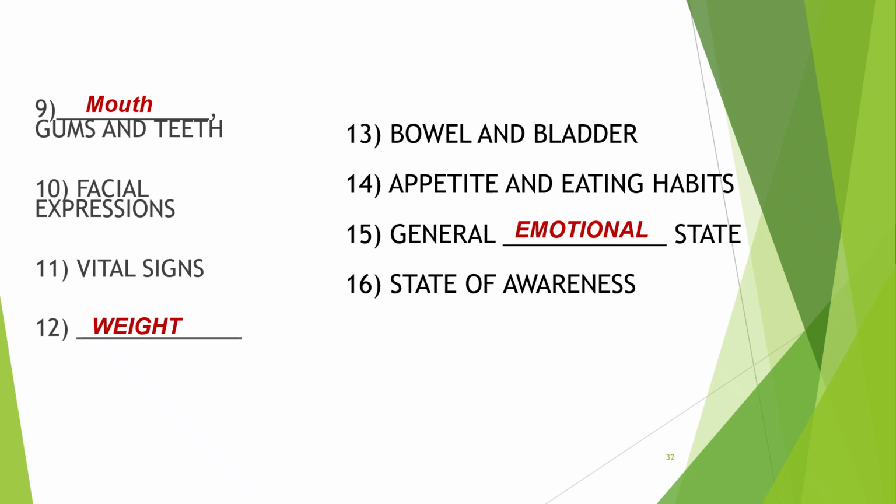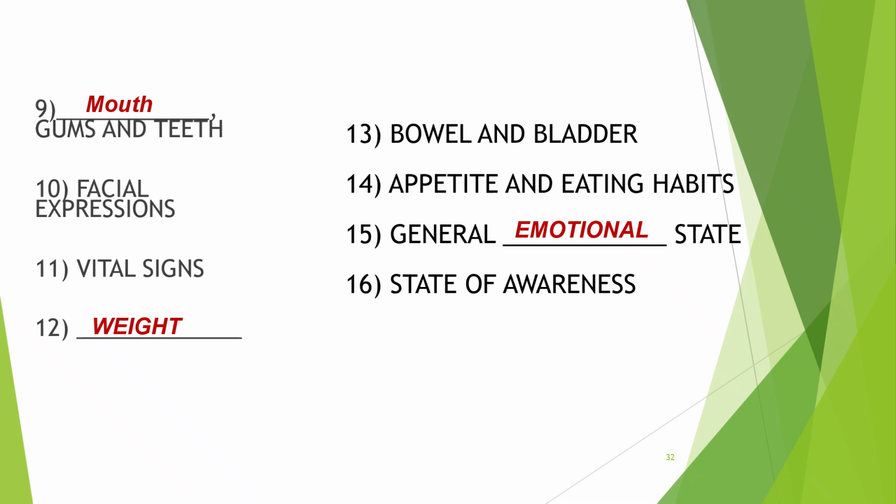12, weight. What's their usual weight? Is it a normal weight for their height and body build? Are they losing weight too fast? Are they gaining weight? 13, bowel and bladder. Are they having regular bowel movements?